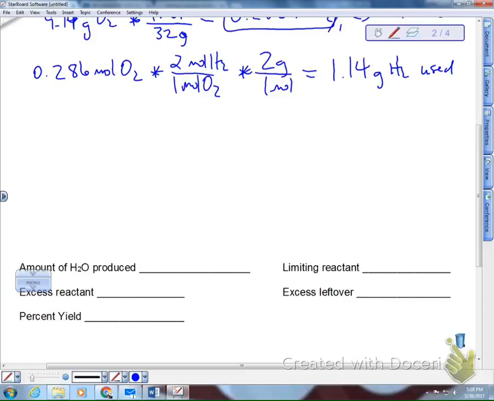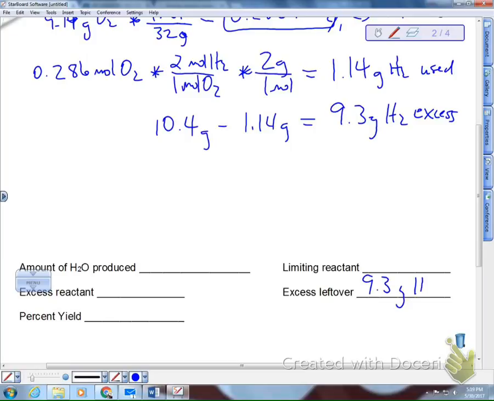We'll finish that off by finding the excess, 10.4 grams minus the 1.14 that we calculated using, and that was 9.3 grams of hydrogen excess. And we can go ahead and write that in our blank. 9.3 grams hydrogen. Excess was hydrogen. Limiting was O2.